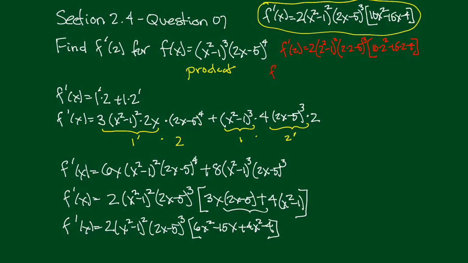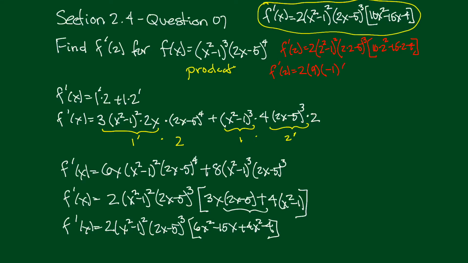Let's see where that puts us. F prime of 2 is 2 times, now 2 squared is 4, 4 minus 1 is 3. 3 squared is 9. Over here, 2 times 2 is 4. Minus 5 is negative 1. Negative 1 cubed is negative 1.